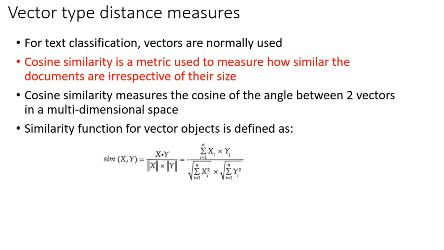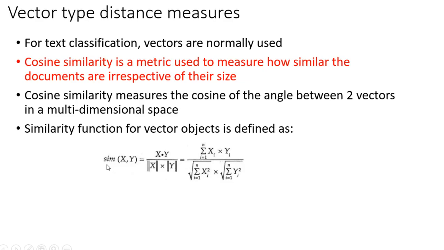You can use it even for finding the similarities between images where some kind of pixel values are given. Even there you can use cosine similarity, especially for grayscale images or black and white images or binary images. We use cosine similarity to find the similarity.